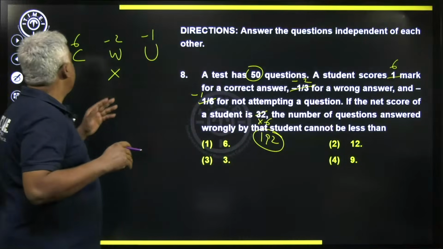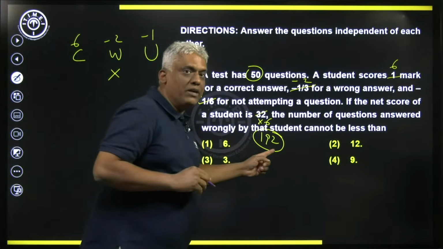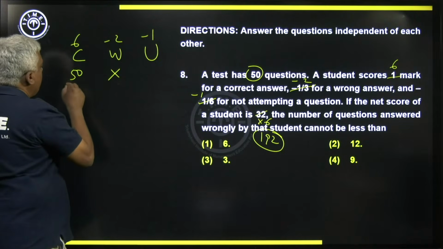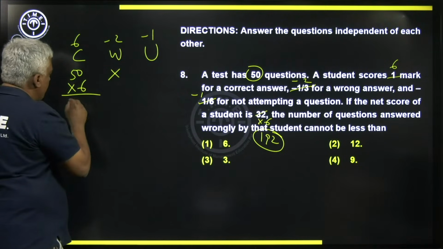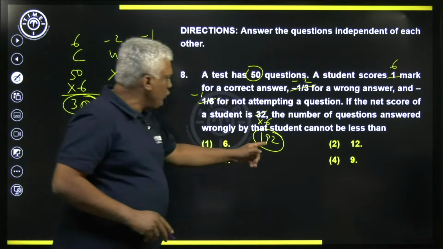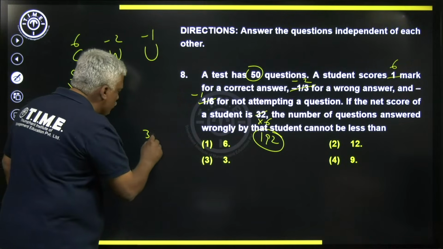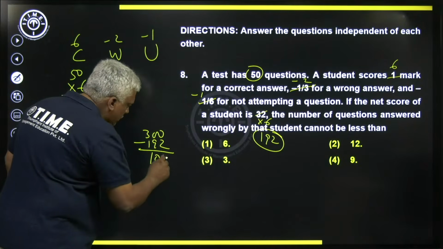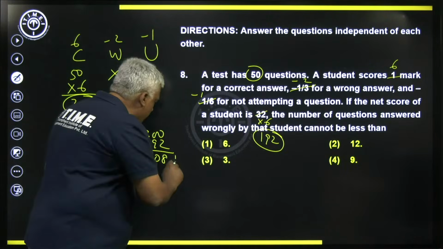Now he has to get 192 marks. If he does all correct, 50 into 6, he should get 300 marks. But he has got 192 marks. That means his marks have to be reduced. 300 minus 192, his marks have to reduce by 108, right?